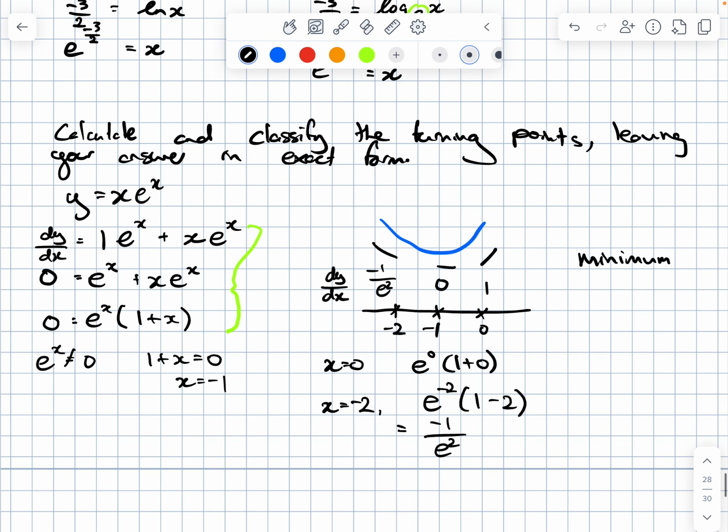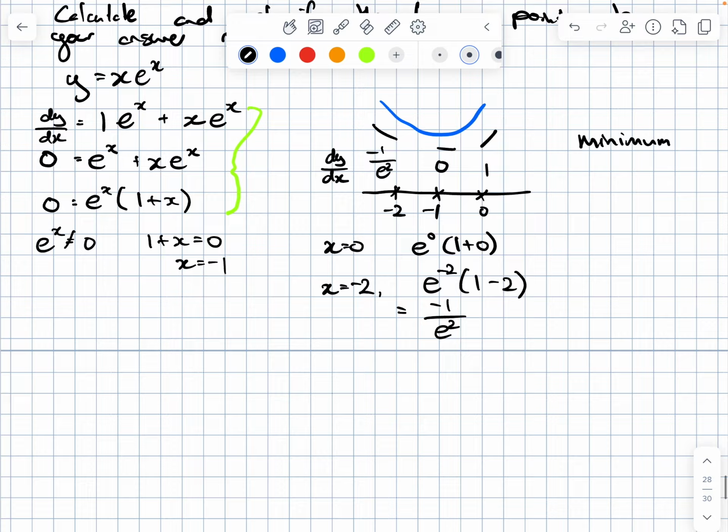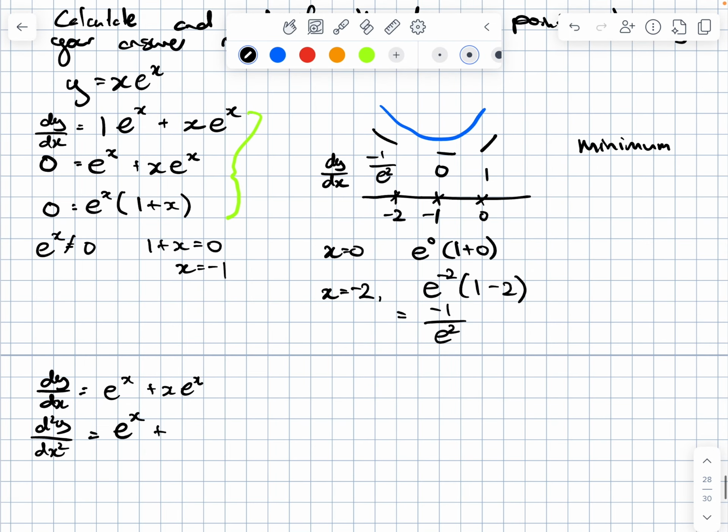The other method is to find the second derivative. So go back to dy/dx equals e to the power of x plus x e to the power of x, and differentiate this again. E to the power of x differentiates to e to the power of x, and x e to the power of x, well, that's product rule again, but also we've already done that.